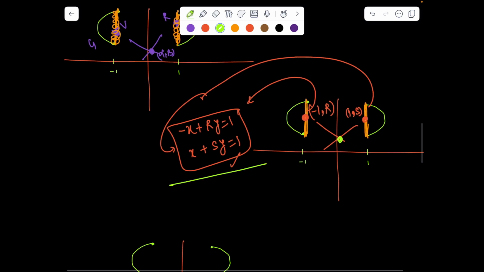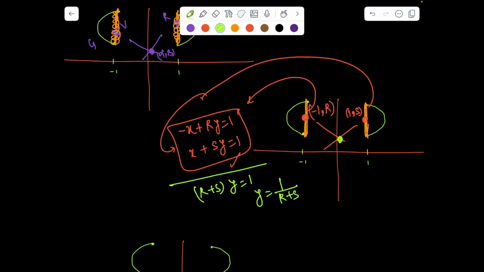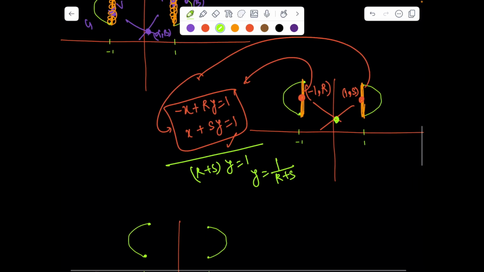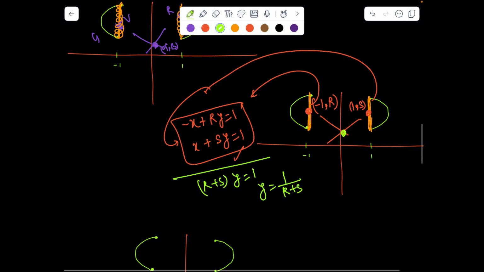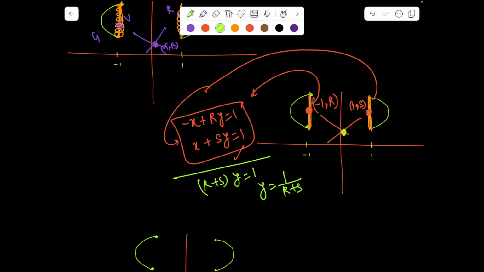And what is the point of intersection? That's not very difficult, because we can simply add these equations and we'll get (r plus s) times y equal to 2. So hence the y coordinate of the point of intersection is 2 by r plus s. And if I plug this in for the x coordinate, what am I going to get?